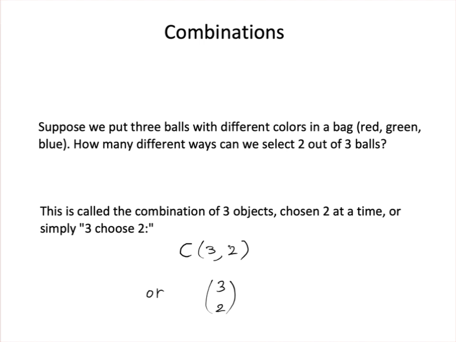And the second number is how many we choose each time, and that is 2 in this case. Or we can order them as a column: 3, the total number, at the top, and how many we choose at the bottom. So in either case, we say 3 choose 2.